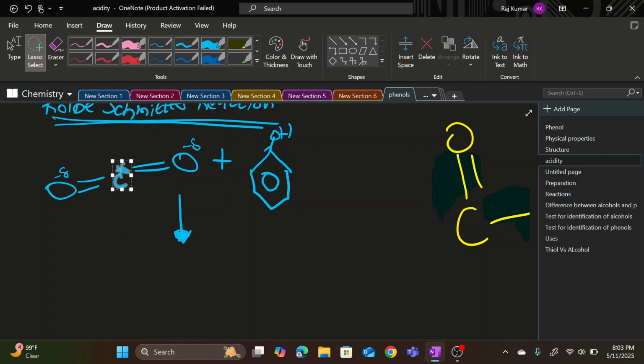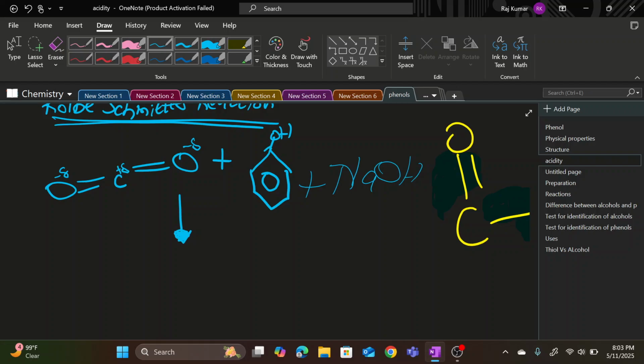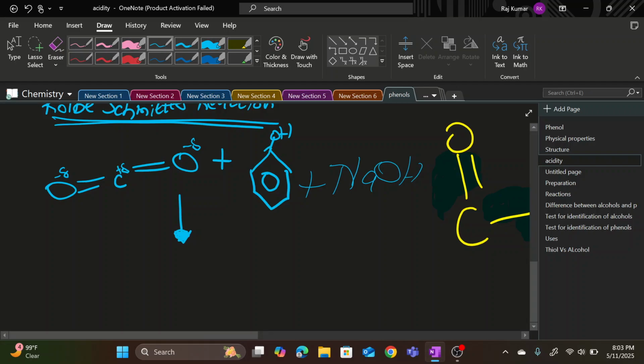Actually, we are going to have one more thing over here. We don't only have carbon dioxide, but we also have sodium hydroxide here as well. So this reaction takes place in two steps.